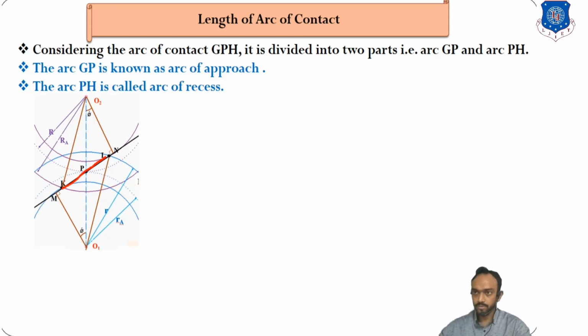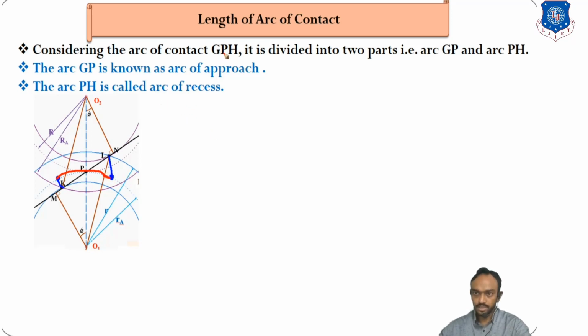So how can we measure that? First of all, we project K and L onto the pitch circle, and that is how we will measure. After that we measure from this point to this point, and this is the arc.